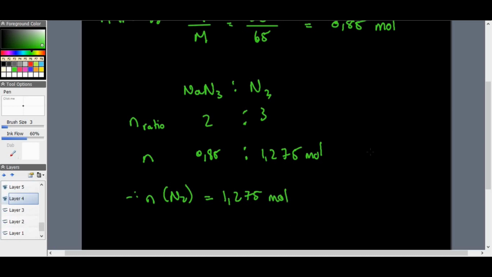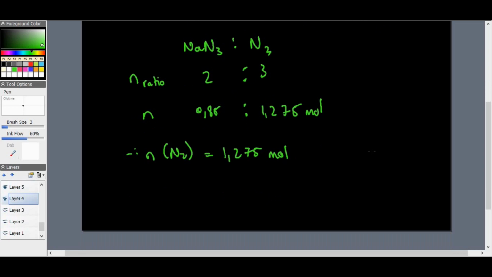Now that we got the number of moles of nitrogen gas, we should remember this formula: n is equal to the volume divided by the molar volume. So we got the number of moles, which is 1.275. That should equal V divided by the molar volume, which is 22.4.